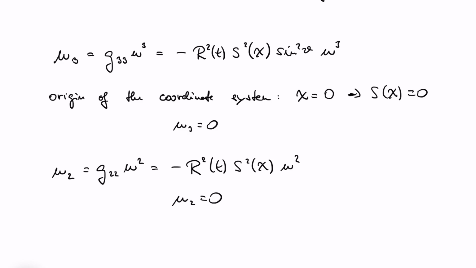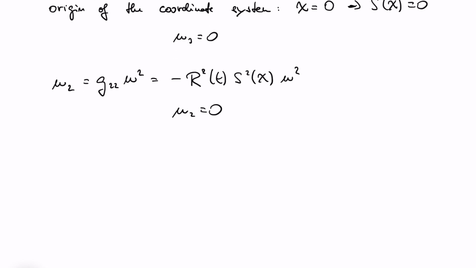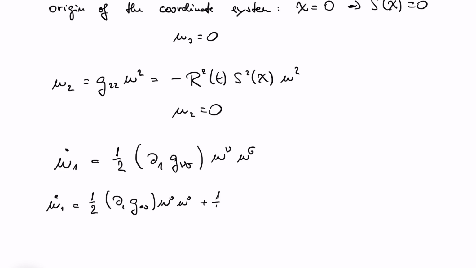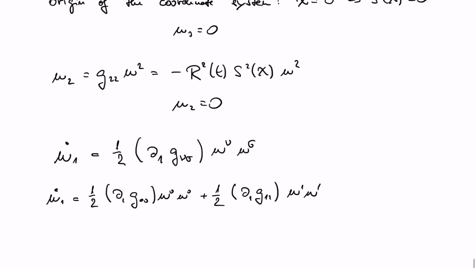The equation for the r component is this. And now the second and third components of the velocity are 0, and so the only possible contributions are these two. However, neither g00 nor g11 depend on r or chi, and so again this velocity must be constant.